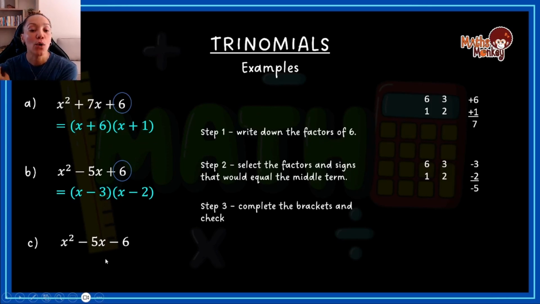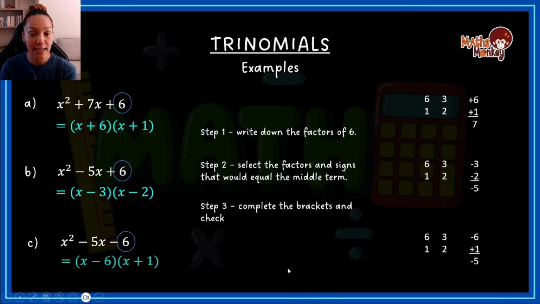Okay, so let's look at this example now. Now we've got negative 6 and we've got negative 5x. Again, we write down the factors of 6 and we want to get negative 5. So here we're going to choose the negative 6 and the positive 1, and I'll show you why. Now guys, if you choose the wrong one, that's fine, because when you do the check, you'll see that you did the wrong one, and then you can choose the other option.